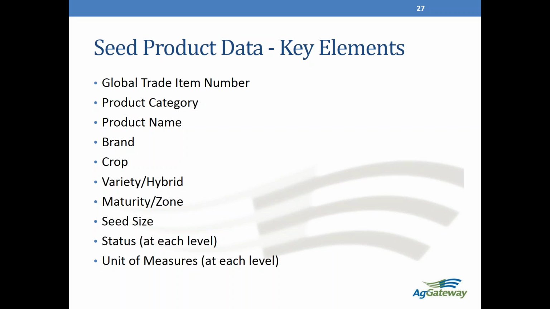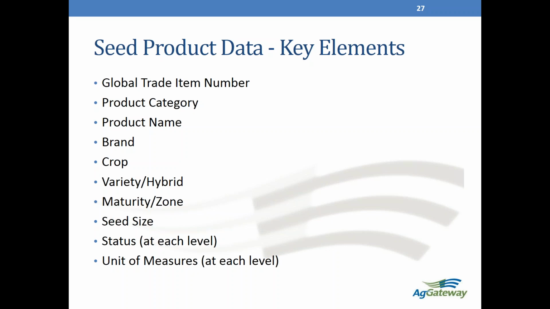And this may be the brand of the product, like a DeKalb or an Asgrow or an NK, whatever that might be, or Mycogen. You can have a crop. You can associate soybeans, corn, wheat, barley, whatever it may be. A variety and hybrid, a maturity and zone, a seed size.